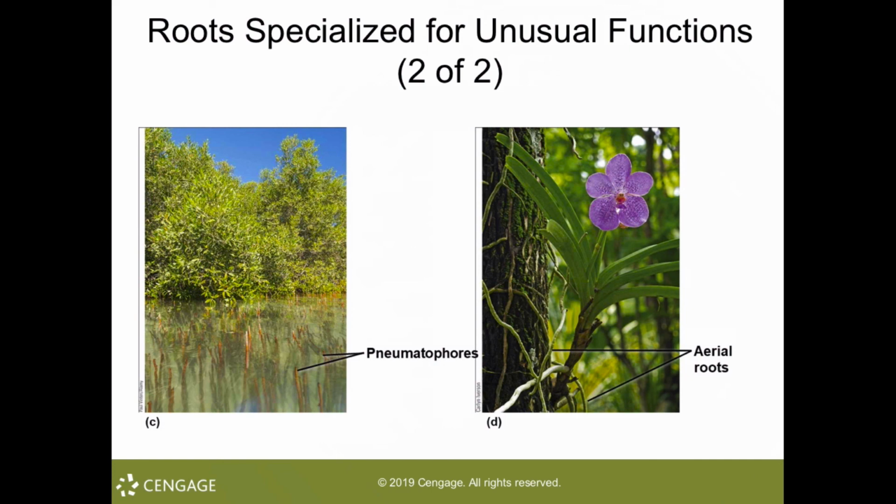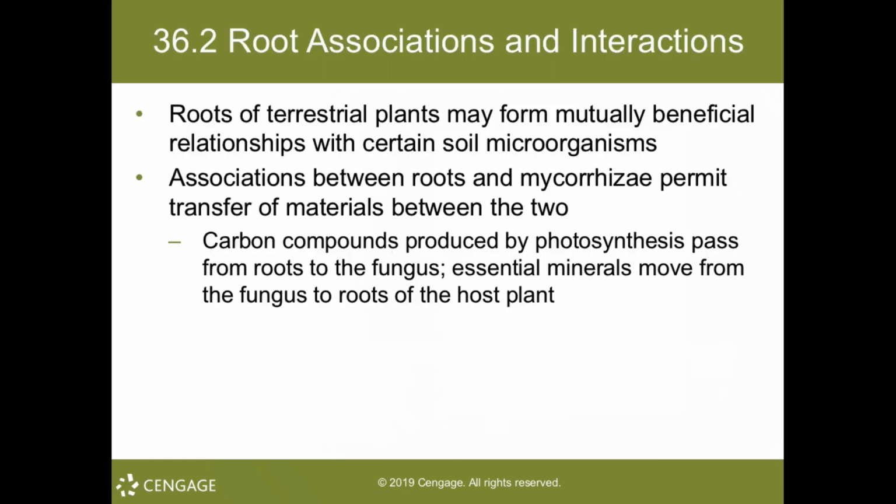How amazing it is. So we're moving on now to root associations and interactions. As the roots of individual plants extend into the soil, they often encounter the roots of related or unrelated plants. The nature of these interactions is largely unknown. However, there are several studies which suggest that roots are involved in complex ways, sometimes recognizing the identity of neighboring roots or modifying their growth accordingly.